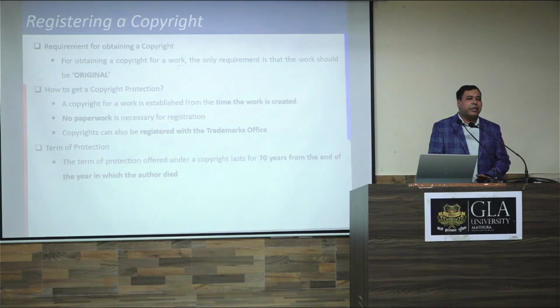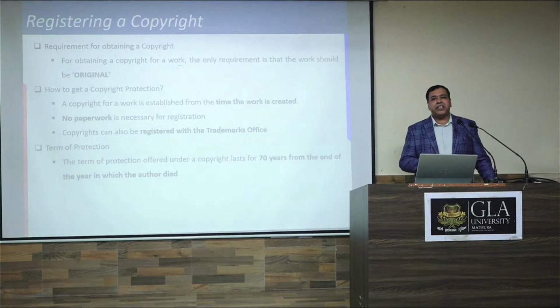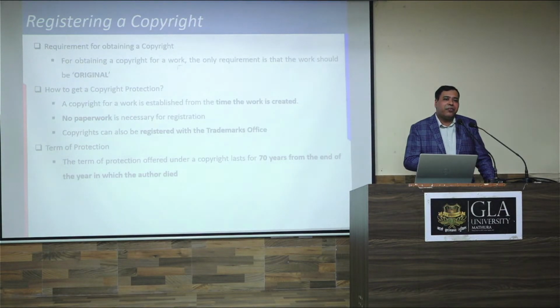One is you don't need to go anywhere, just write a C mark on your presentation or your document. It automatically starts acting as a copyright for you. The other is a formal way of protecting your copyrights, wherein you may request the Trademark Office in India for protecting your copyright work.